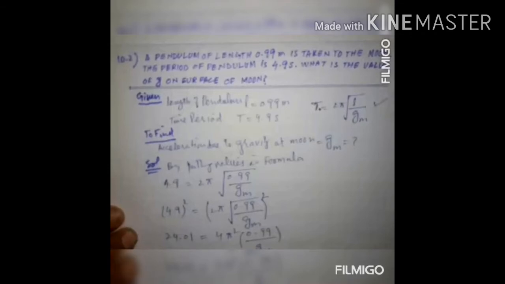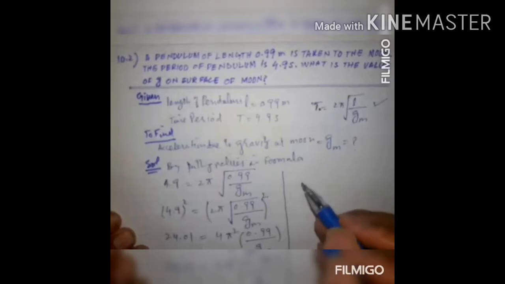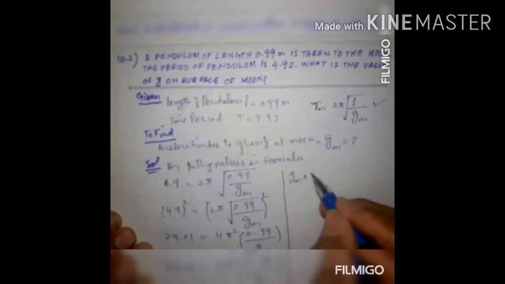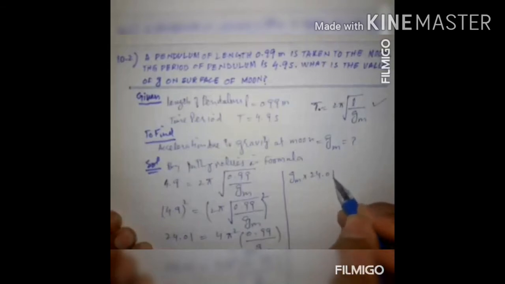By cross multiplication, gravity at the moon into 24.01 is equal to 4 pi square into 0.99.